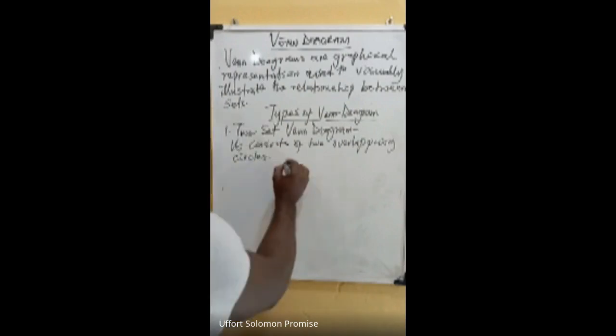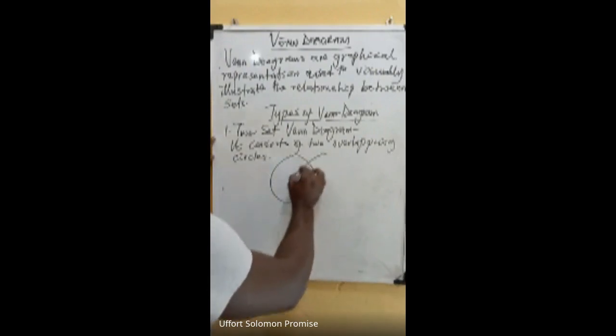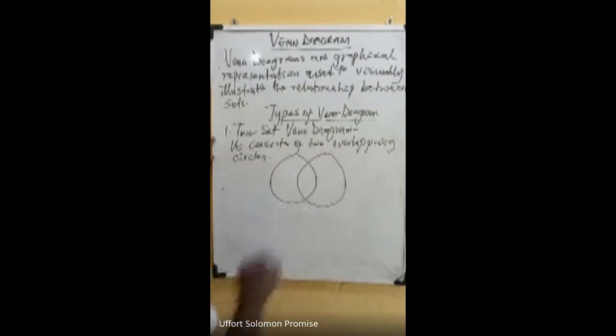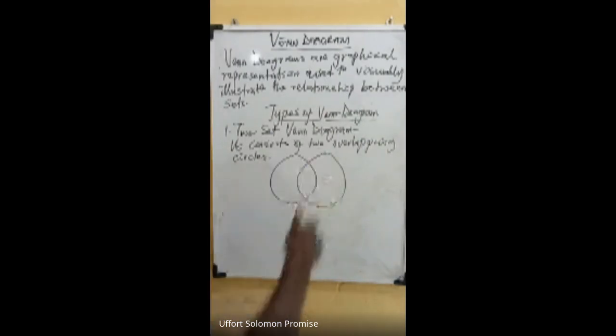Like I drew, these are overlaps. I've told you that Venn diagrams are represented using circles. Sorry, my circle is not perfect, looking like an egg. So don't mind the drawing.